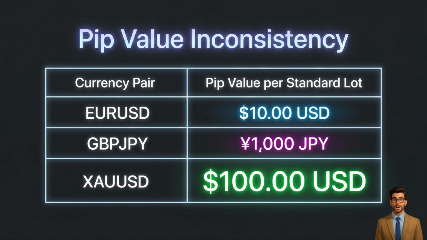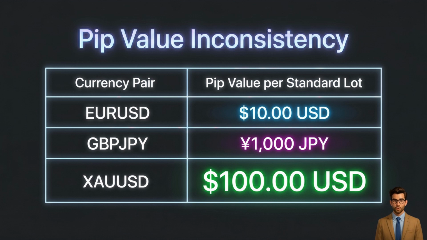If your account is denominated in US dollars, a standard lot on euro dollar equates to exactly $10 per pip. But if you trade a pair like US dollar Swiss franc, or a volatile cross pair like pound yen, that pip value shifts dynamically based on current exchange rates. If you blindly apply a fixed lot size across all these different assets without adjusting for the quote currency conversion, you are essentially gambling.